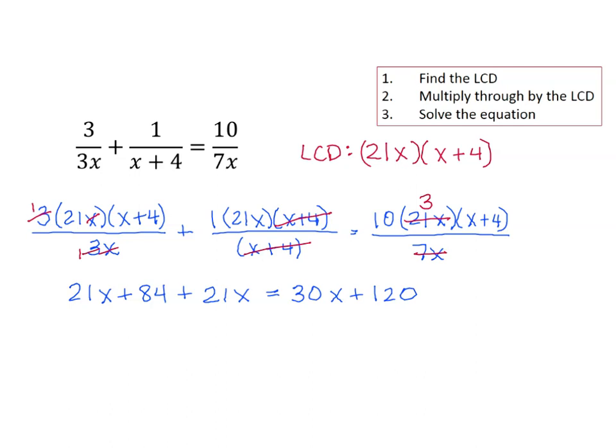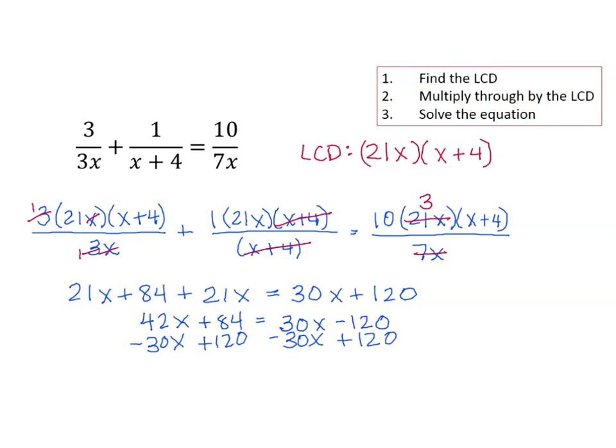So I'll combine like terms. On the left side, I have 42x plus 84. On the right side, I have 30x minus 120. I need to get everything over to the same side, so I'll subtract 30x from both sides. And I'm also going to add 120 to both sides.